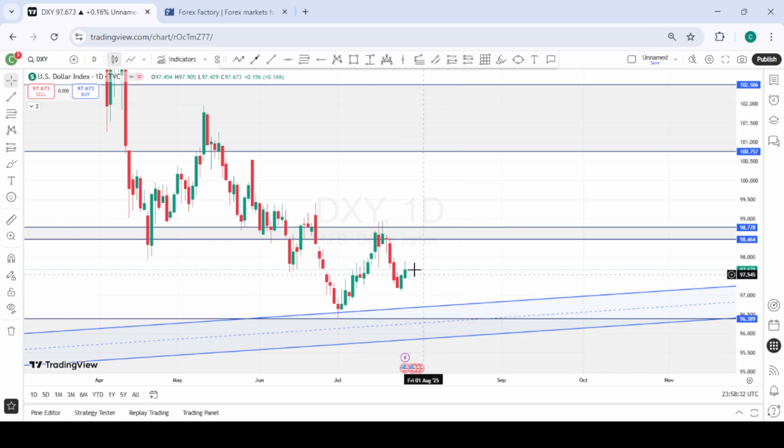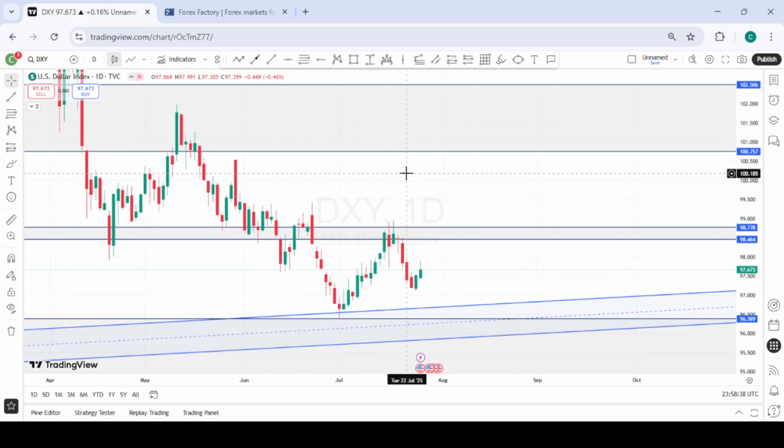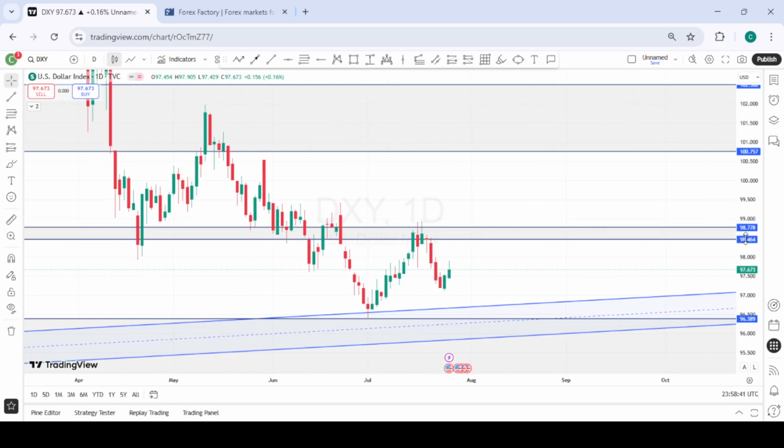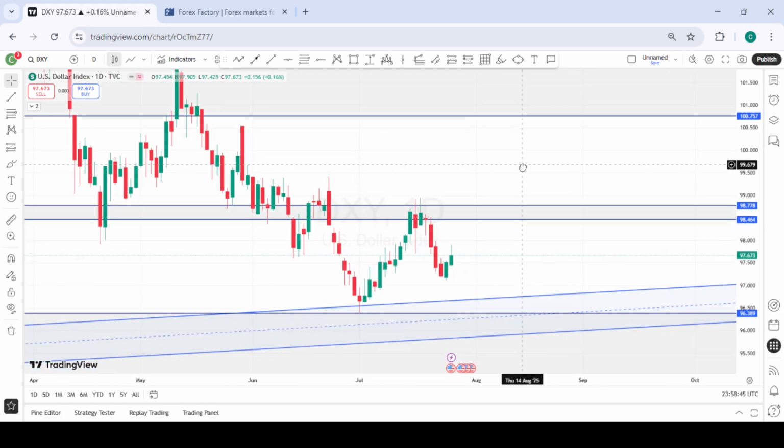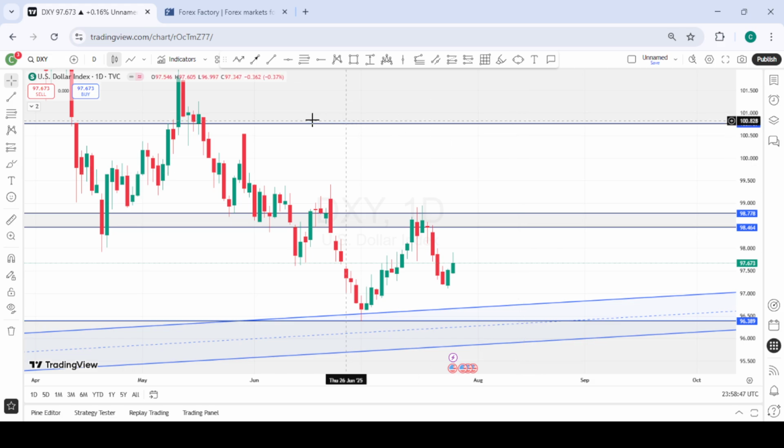So in the long term, we'll be expecting DXY to go bullish. Currently, we have some bearish momentum from last week, and I would like to point out some possibilities for the DXY in the coming week.